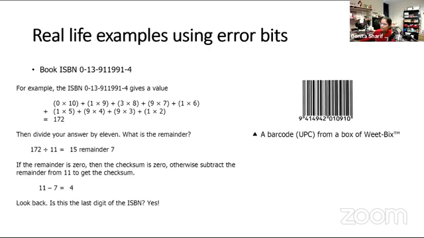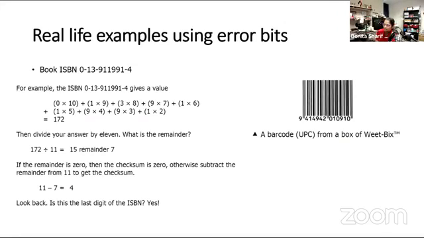I also want to point out certain real life examples that use error bits. For instance, we have all looked at a book, and at the back or in the front cover, there is something called the ISBN, the International Standard Book Number. I show one there. It's a 10-digit number. Did you know that the last digit is actually a parity bit or a checksum to determine if the number was correct?